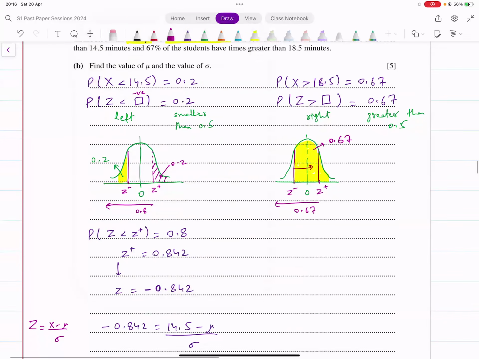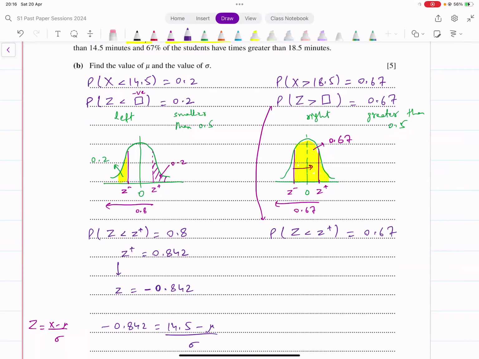So we convert that probability to this form. We say z less than the positive value of z gives us 0.67. And now we need to go to the table, figure out the z value corresponding to probability of 0.67 and see what that gives you. Okay, when probability is 0.67, let's see what the z value is.